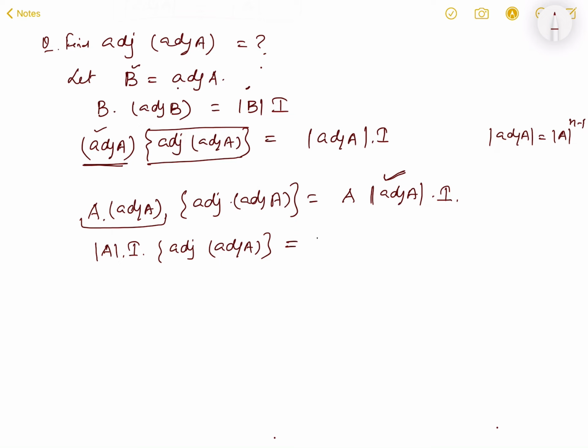So just put here the value determinant A to the power n minus 1. This is A into I.